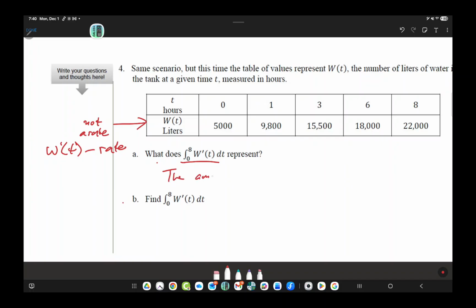The amount of water in the tank from 0 to 8 hours.